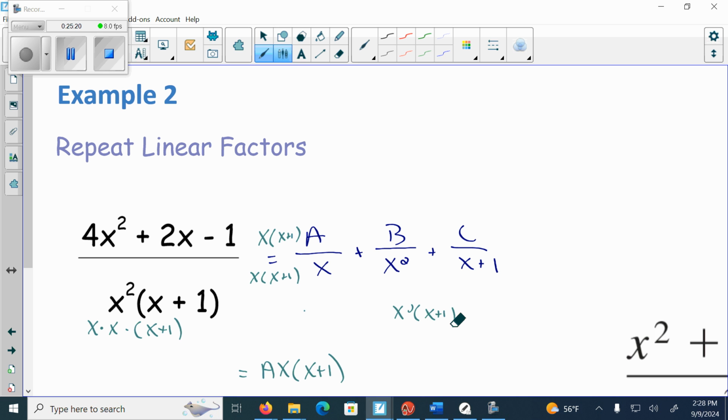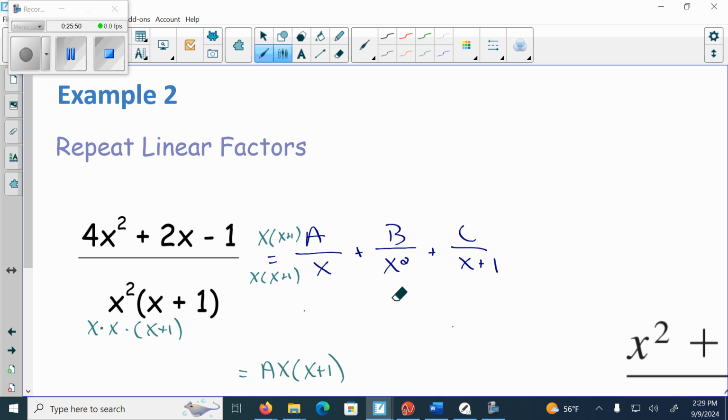If I didn't have this term and I just had the x and the x plus 1, you would tell me x times x plus 1. I have to have this one squared so I know that originally it was squared, to show that the factor is x. And the x squared is to show that it's repeated. Let's do this one and see. It may make sense as we go. It may not. We'll find out.